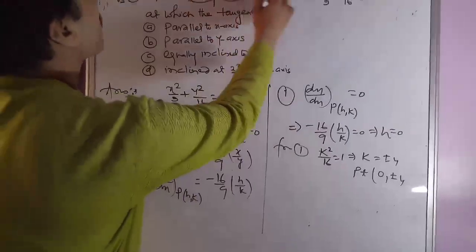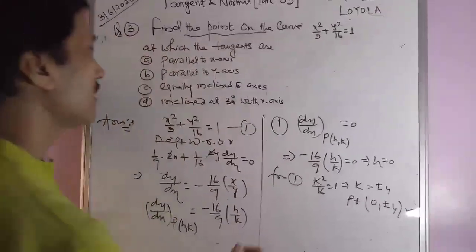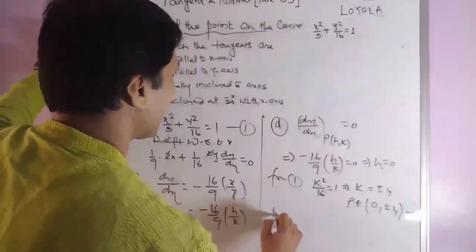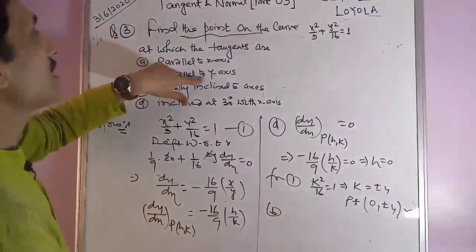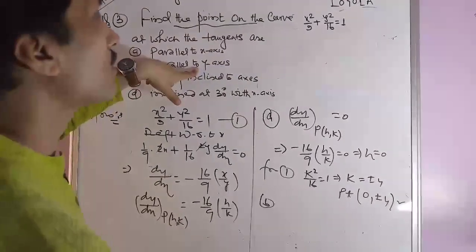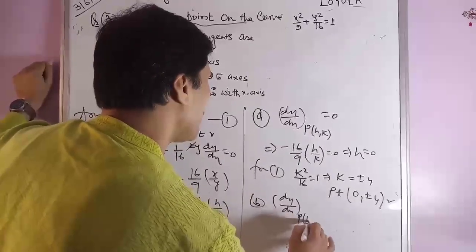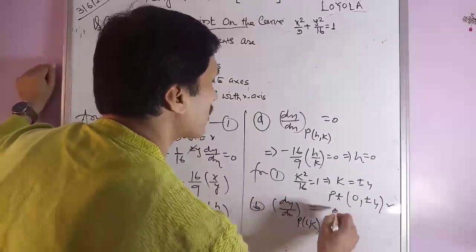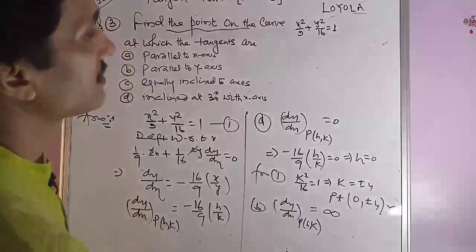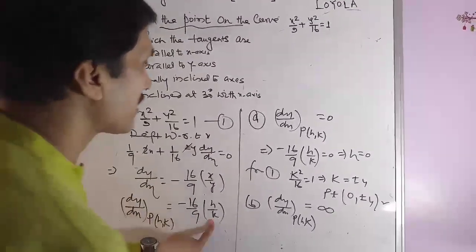Find the points on the curve. So required points for the first case are (0, plus minus 4). This is A. Second, parallel to y axis. Parallel to y axis means dy by dx tends to infinity. In such case, dy by dx at P(h, k) equal to infinity means denominator 0.